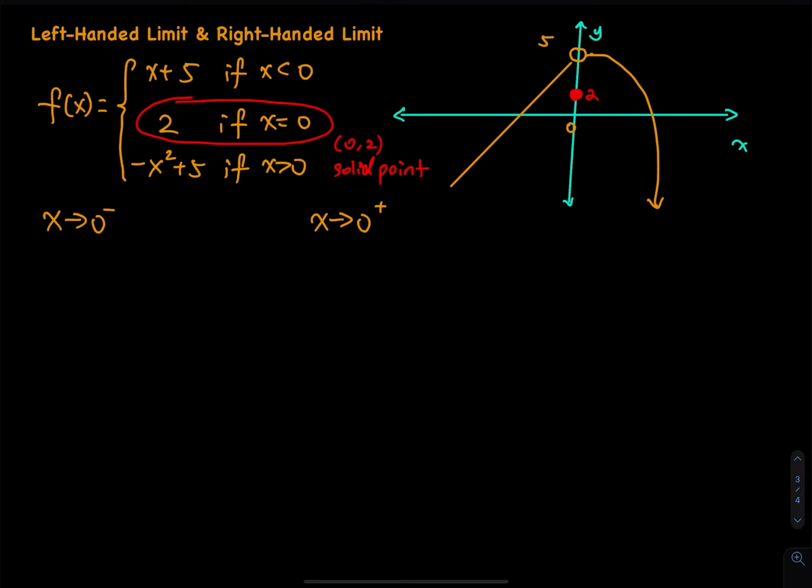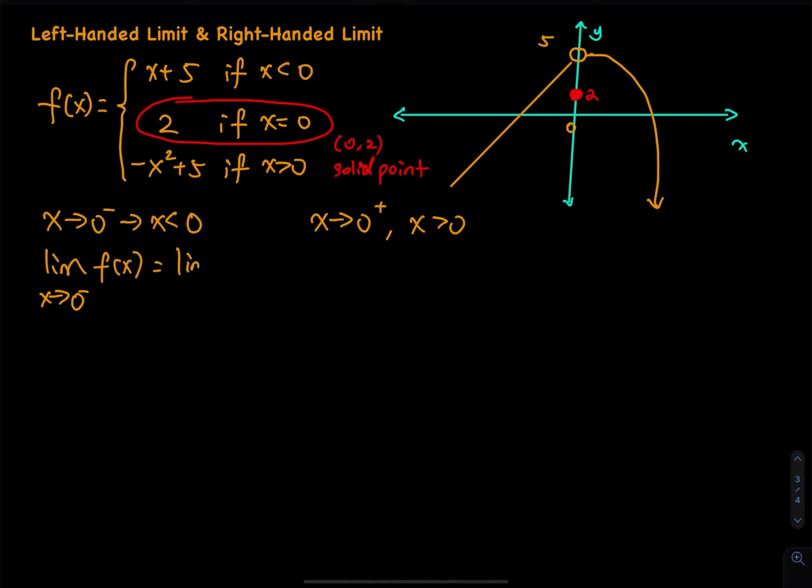So when x approaches 0 from the left, that means x is less than 0. And on the other side, when x approaches 0 from the right, that means x is greater than 0.